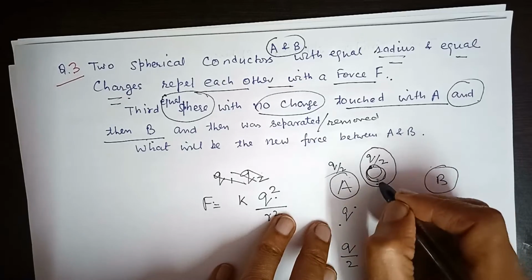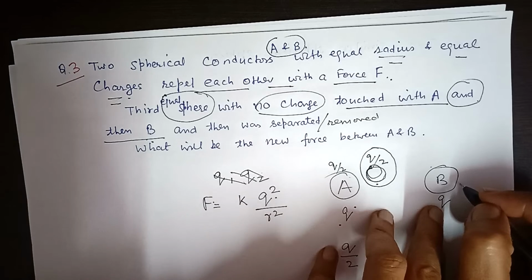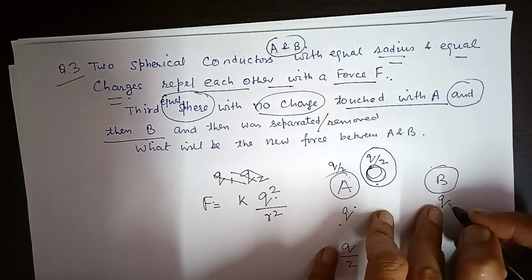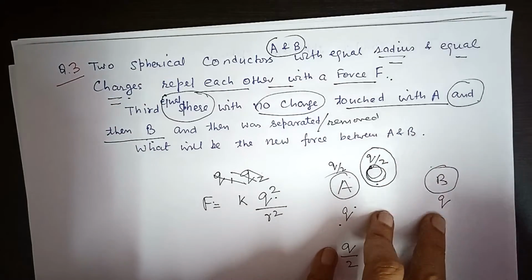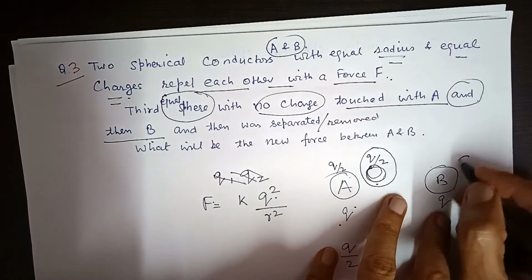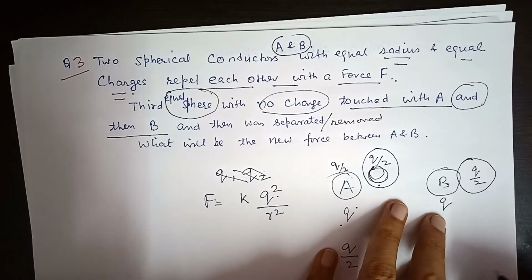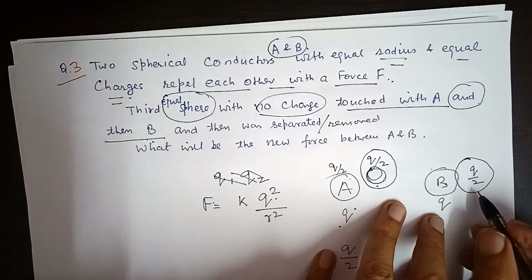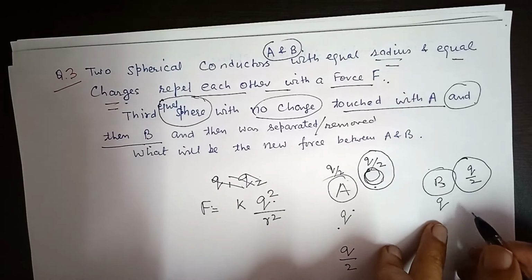Now this sphere with charge Q by 2 is touched with the sphere B, then what will happen? B will share its charge so that both B and this third sphere have equal charges. Then what will happen?